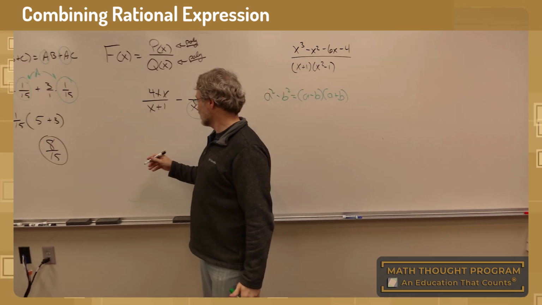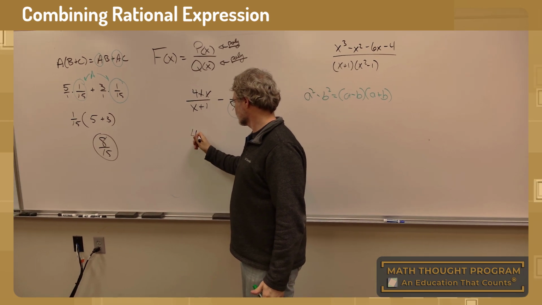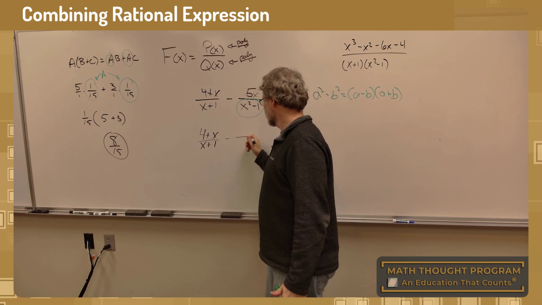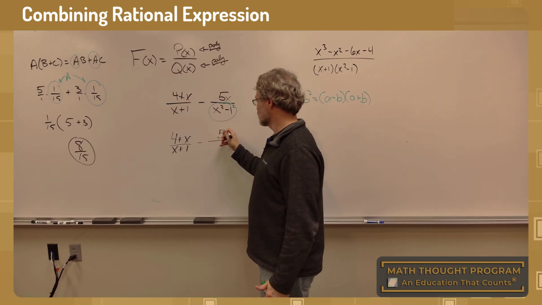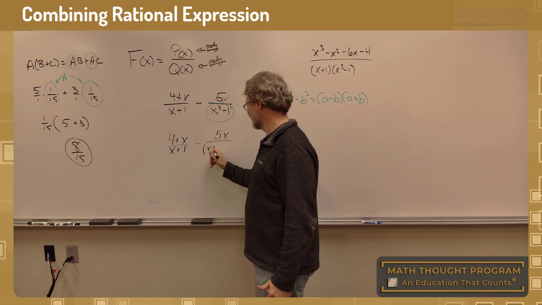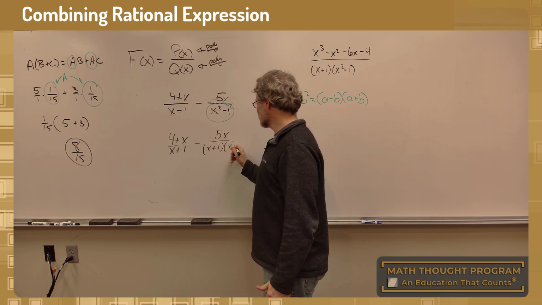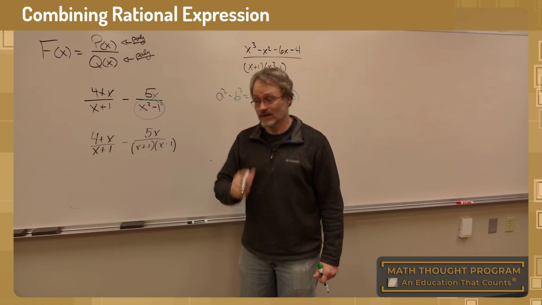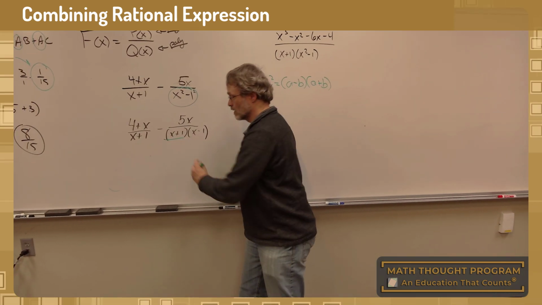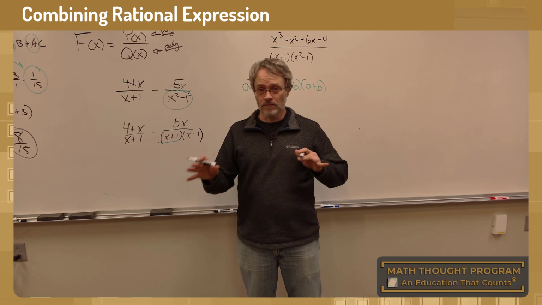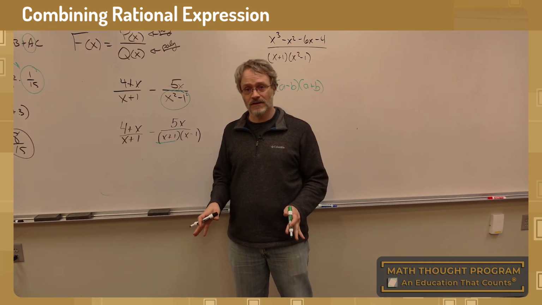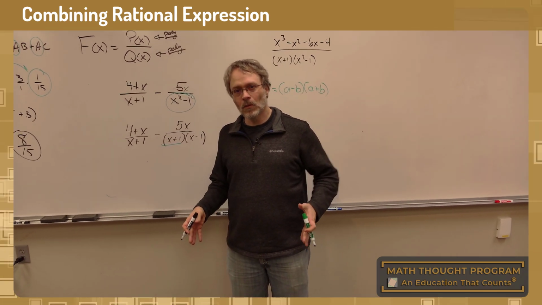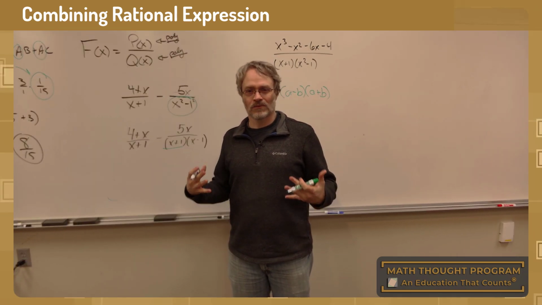So I'll have my 4 plus x, x plus 1. And when I factor the denominator, oh, look at this. x plus 1, x minus 1. Guys, look here. I already have an x plus 1 in both of these rational expressions. So if I want to get a common denominator, what do I really need?